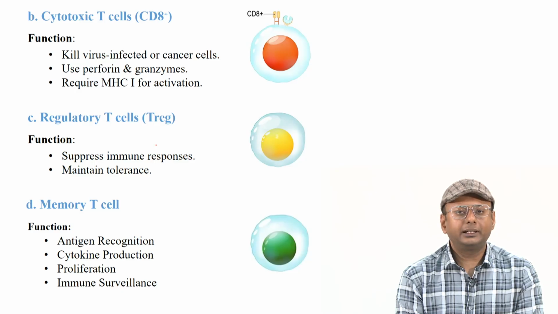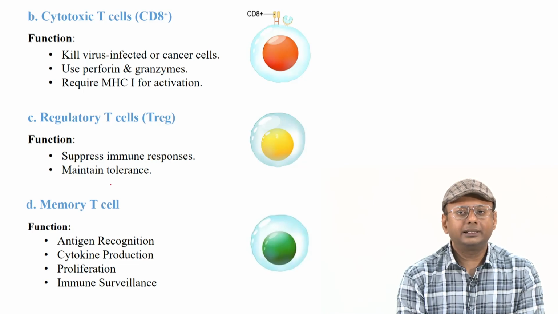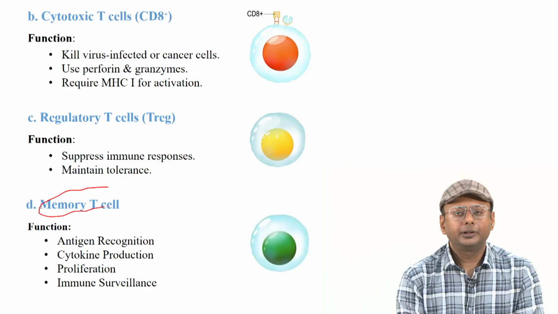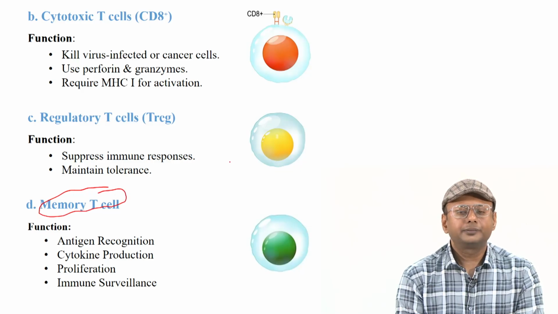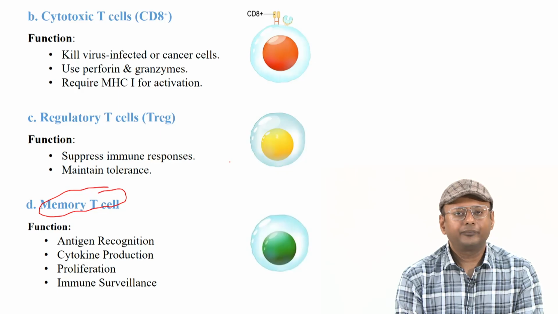Then another important type of T cell present in our body is the memory T cell. It can recognize previous antigens, help in cytokine production, and also act as immune surveillance. So these memory T cells are very important. They develop to act as immune surveillance in the body, and they store the memory of previous antigens.